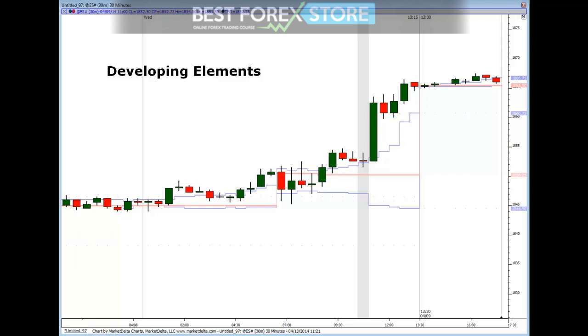The only difference on this chart is that I have them in a developing format, and you will see that this is very useful and very helpful to look at if we are going to trade in any period or in any session, to take a look at these three pivotal elements as they develop in the marketplace.